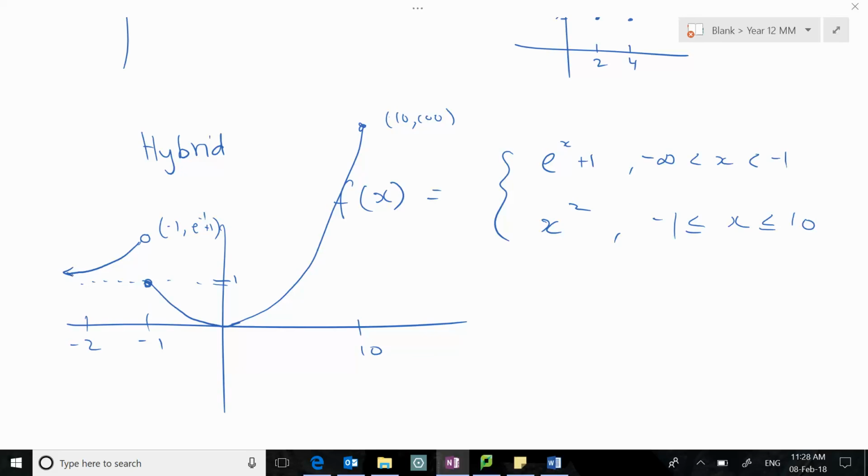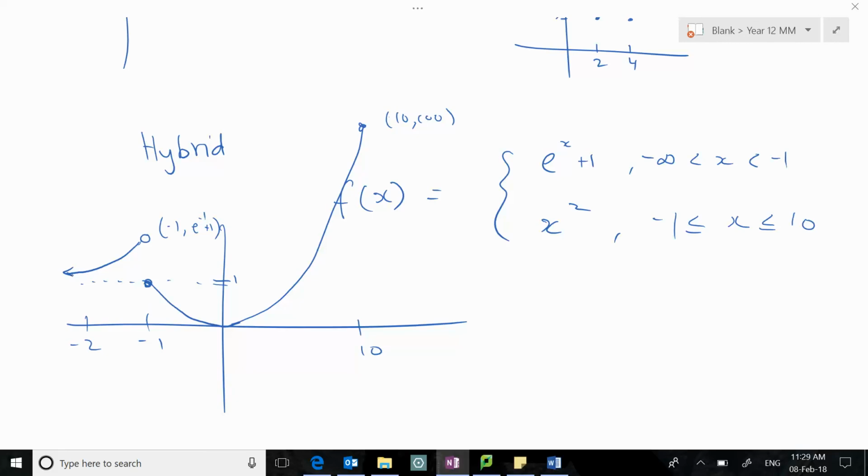So I'm labeling e to the -1 plus 1. Though it doesn't exist in the function, I still need to know what it would be if it were to. So that's just being accurate on detail on all your x and y coordinates for endpoints. These are considered endpoints, whereas this one that goes to infinity, you don't label as an endpoint. Does that all make sense for hybrid functions?